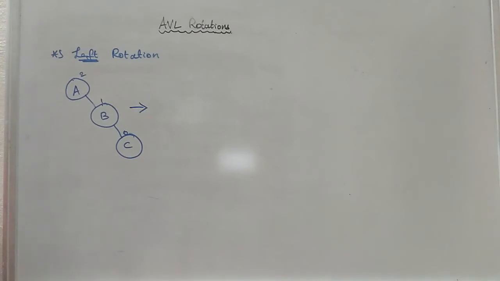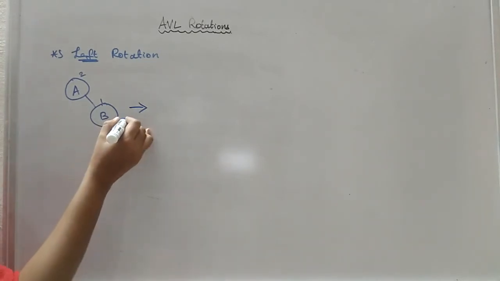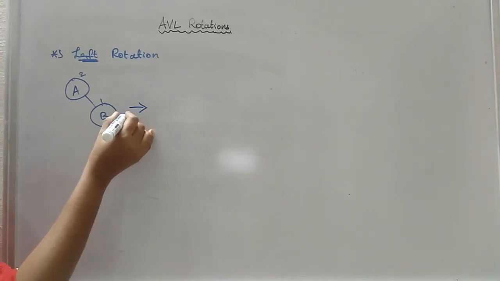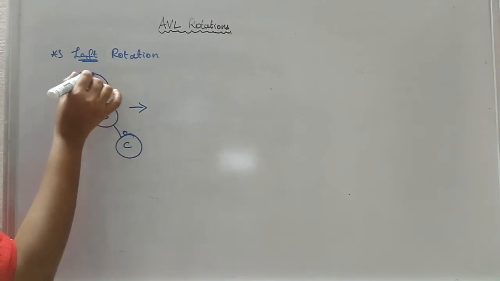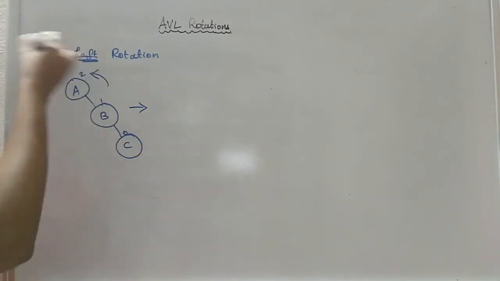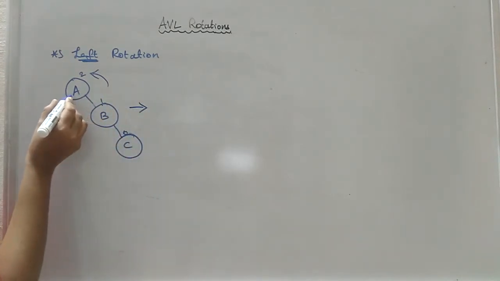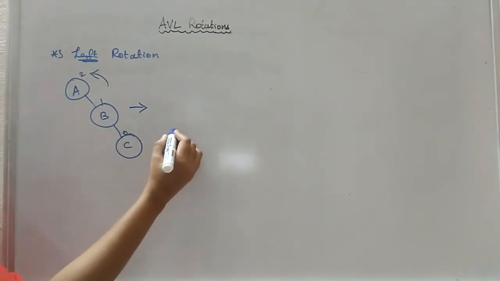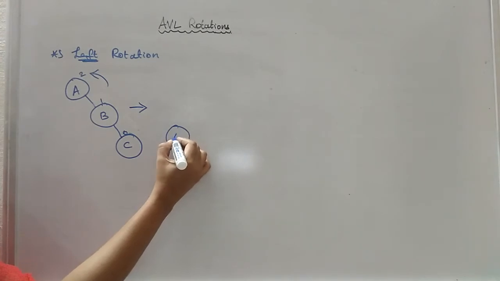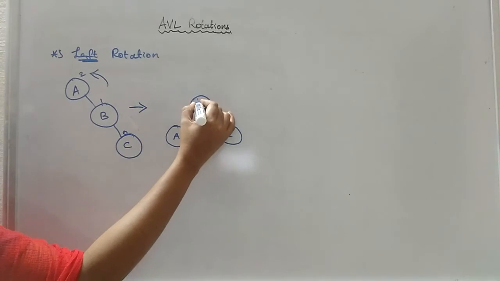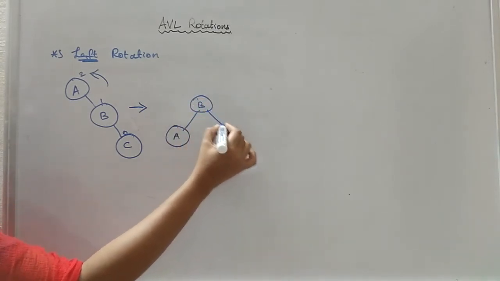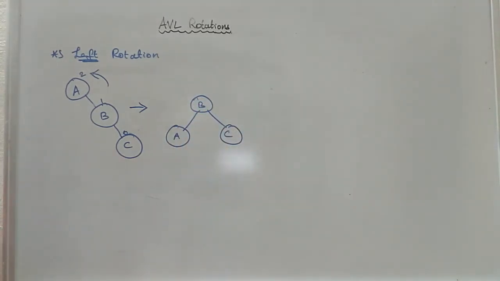So what type of rotation am I going to do here? I am going to perform the rotation towards the left. In such a case, this node A will come down. You can see here, A will be here, and C will be here, and B. So this is the resultant height-balanced binary tree.